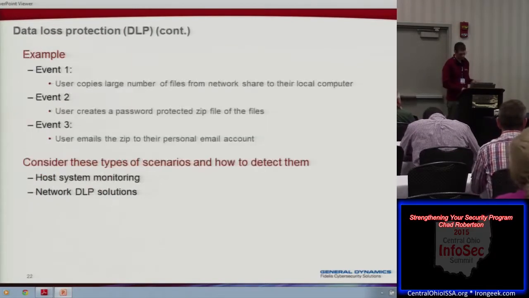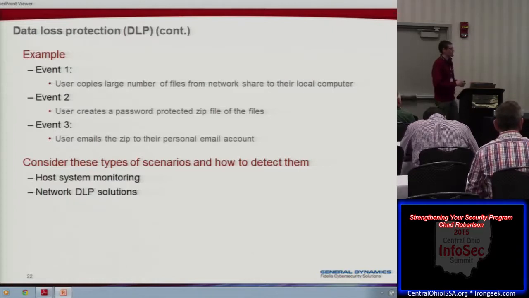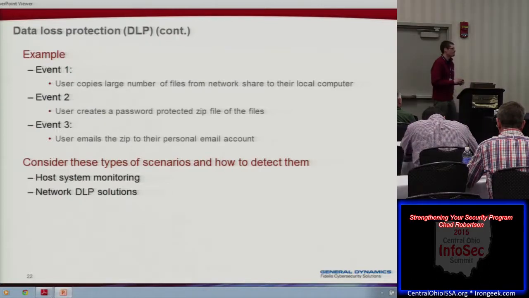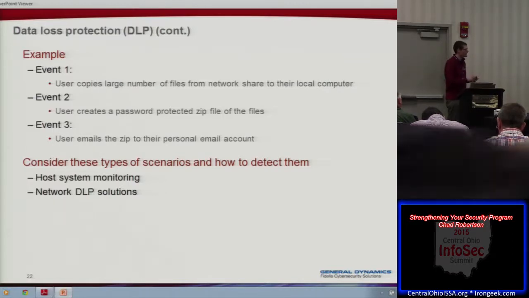An example of that might be a user copies a large number of files from a network share to their local computer. And this goes back to the analytics piece as well. User creates a password-protected zip file of those files. User emails the zip file to their personal email account. So it's important to detect each one of these, and a DLP solution is trying to do so.